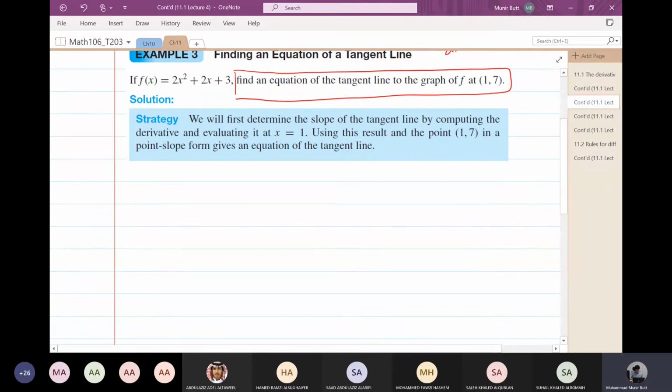So what will we do, any guess? Can we use the power rule here? No, at the moment we should not, because we haven't studied the power rule. The power rule is coming in the next lecture, but we have to use what we have learned today.